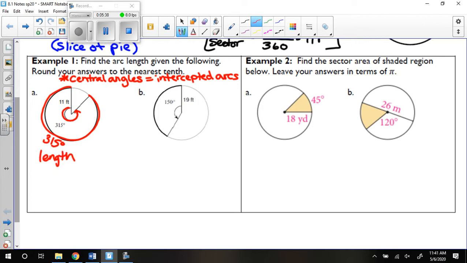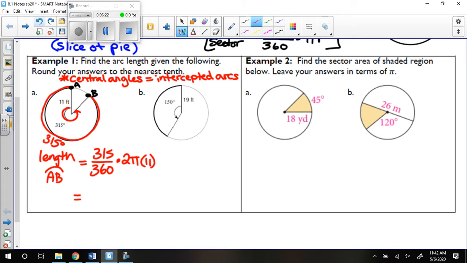So my formula to find an arc length, so length, and I'll say from A to B, and I'll even label them on the picture, A and B. My A is kind of hard to read, so let me rewrite that. So from A to B. All right, so length of arc AB is going to be the measure of arc AB, which is 315, out of 360 degrees, multiplied with 2 pi times r, and our radius in the picture is 11.